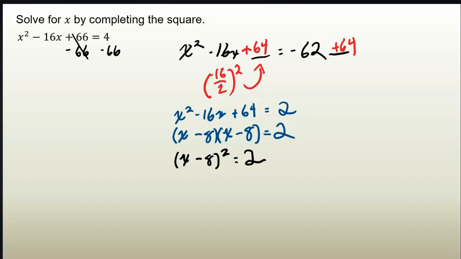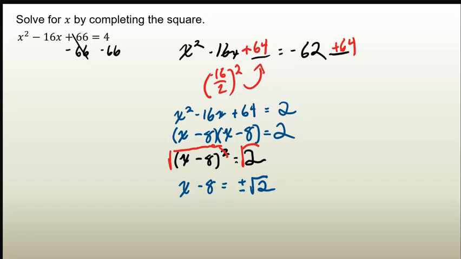Now I'm going to go through the steps I did before, which is to square root both sides. So that goes off and that goes off there. A couple things I want to talk about here. The square root of 2 does not reduce, but the plus or minus still goes in front of it. That plus or minus is one of those unwritten things in front of a square root.